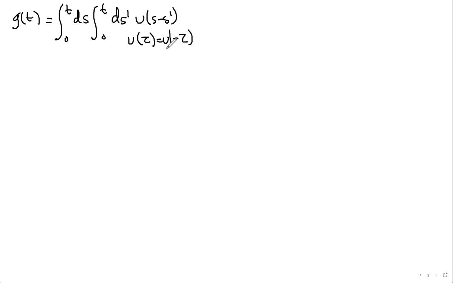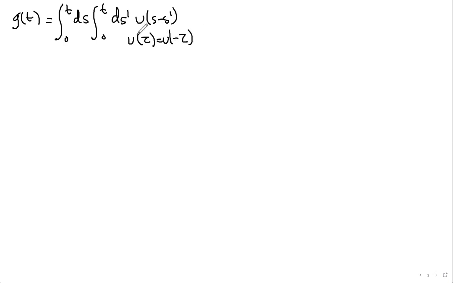So g of t for me will be the integral 0 to t ds, the integral 0 to t ds prime u of s minus s prime. So the first thing I realize is that this is symmetric. If I change s minus s prime to s prime minus s, I have the same thing. So u of tau equals u of minus tau. This is the symmetry property.